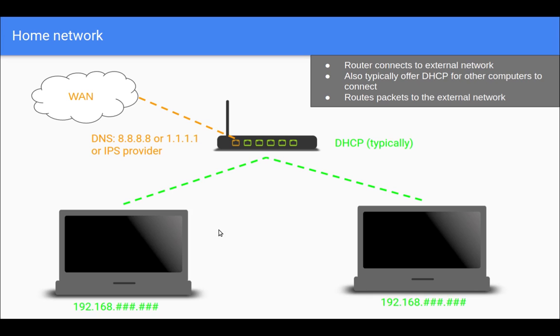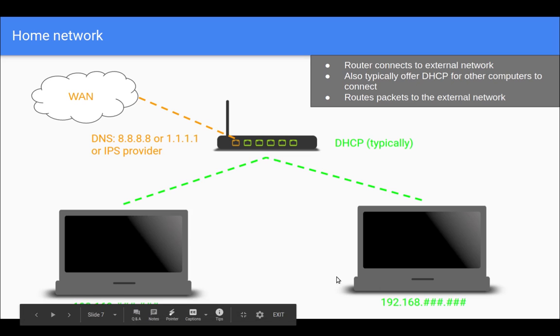And then the computers or the laptops or the tablets or the phones or whatever that connect to the Wi-Fi access point or are cabled in directly to the router, then have local IPs, which oftentimes could be 192.168 and then dot whatever, and you could ping the other computers on the network.